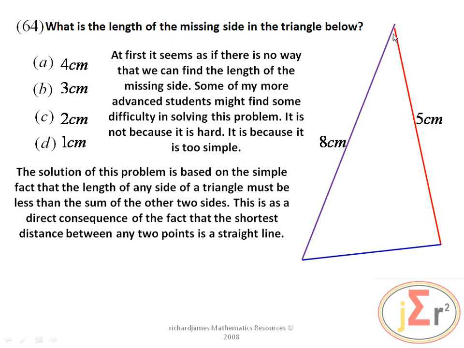Now, if we are going from here to here, this is a straight line, and this is 8 centimeters. Now we are going to go from here to here again, but we are going to take this route. It is obvious that if we are going to go along this path, we are going to travel a longer distance than if we go straight down like this.